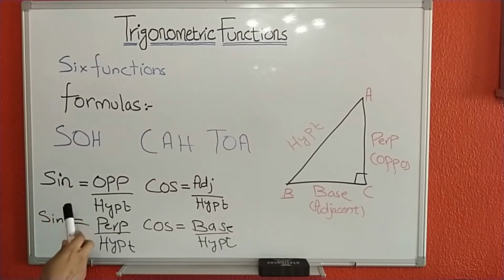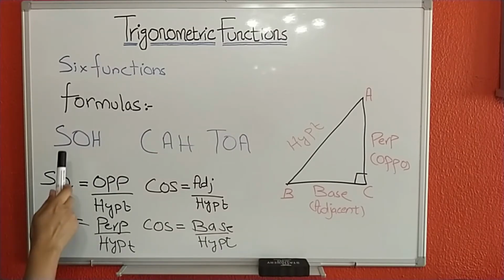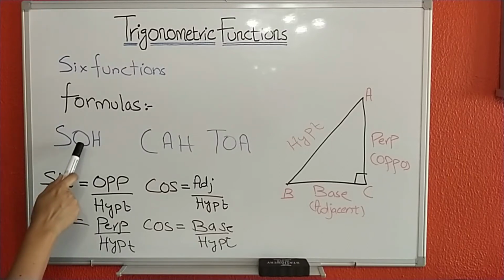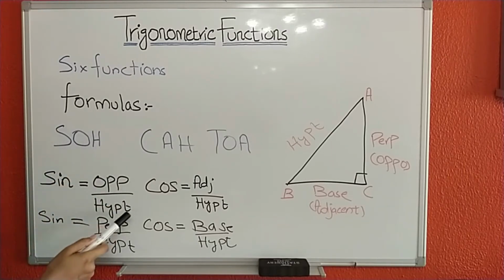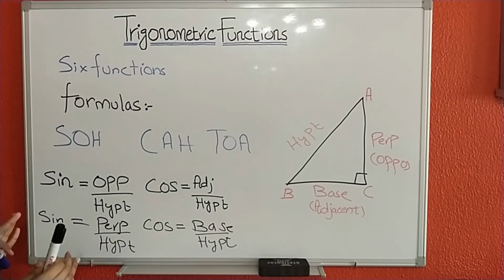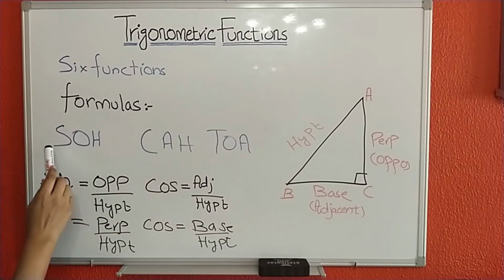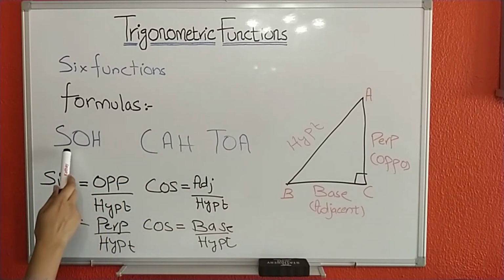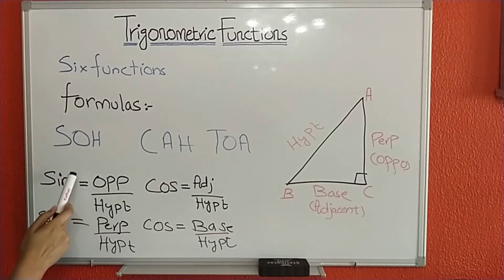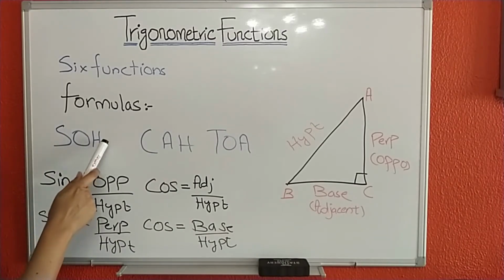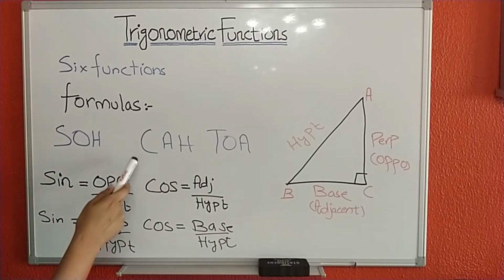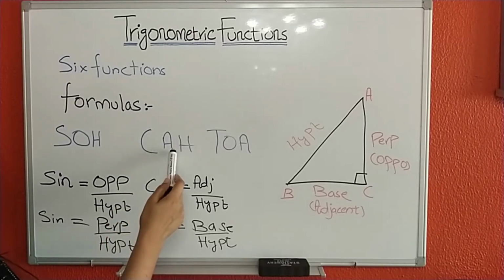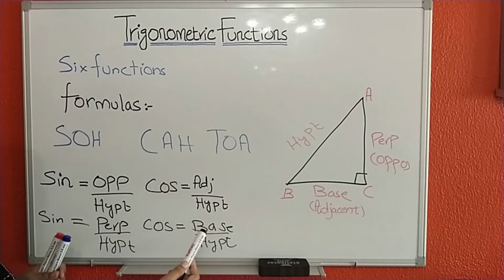This is a very easy way to learn the formulas. S stands for sine, O stands for opposite side or perpendicular, and H stands for hypotenuse. And in CAH, C means cos, A stands for adjacent or base of a right angle triangle, and H stands for hypotenuse.